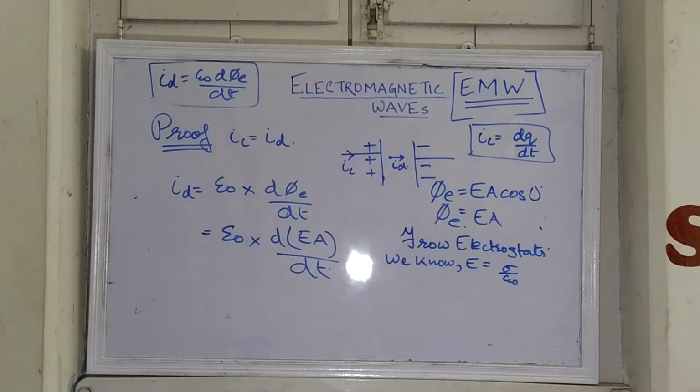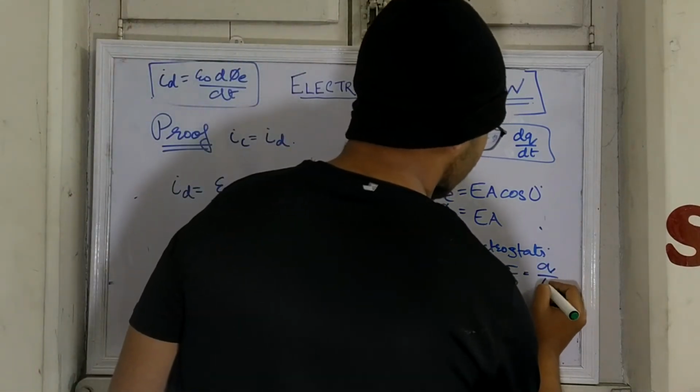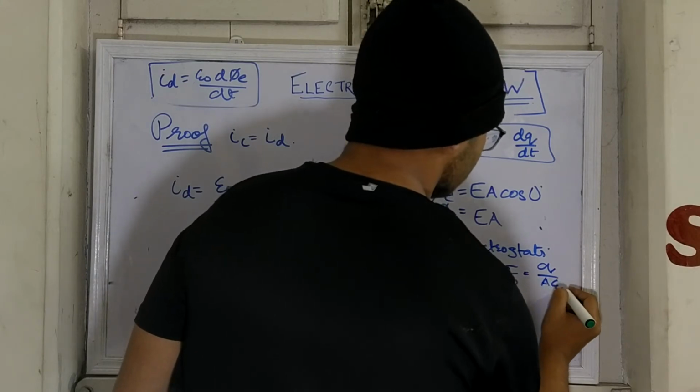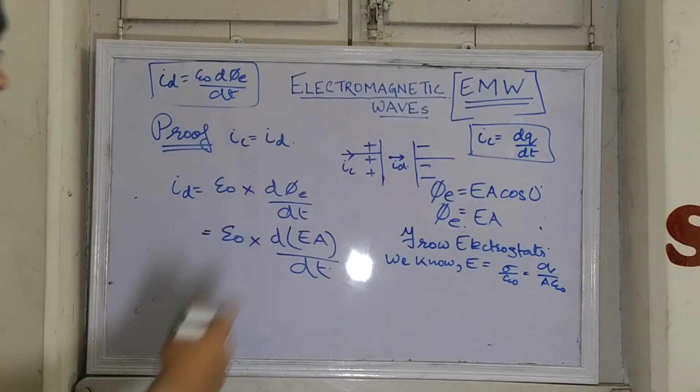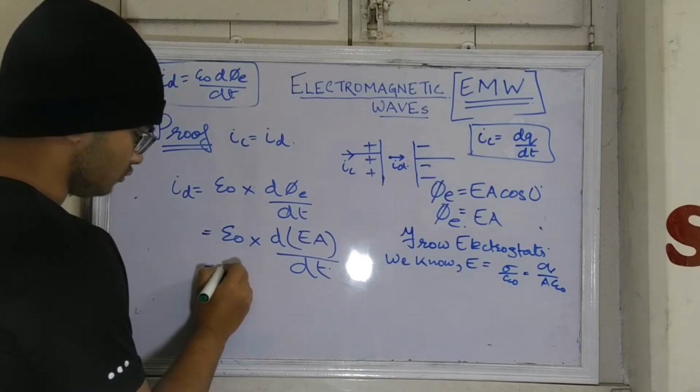Now what is this sigma? Sigma is the charge per unit area, equal to Q by A, divided by epsilon 0. So I do nothing, I just put the values over here.